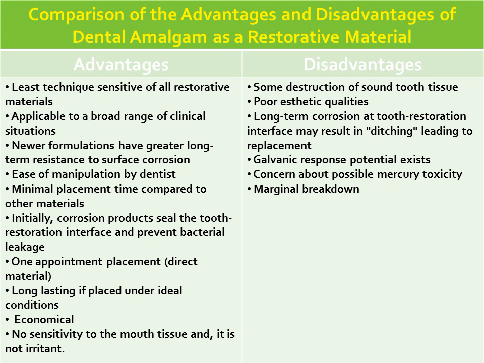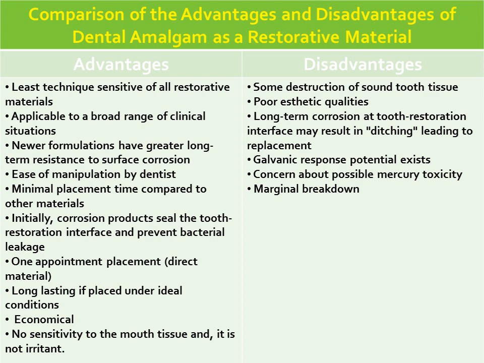In addition, the newer types have greater long-term resistance to surface corrosion. Corrosion is one of the most important disadvantages of amalgam, and the newer types have resistance to corrosion. There is also ease of manipulation by dentists and minimal placement time compared to other materials.